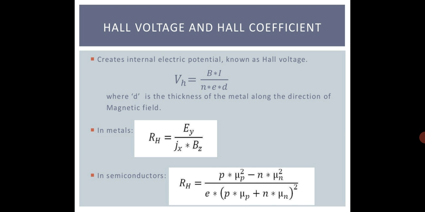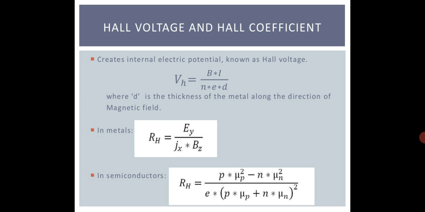So Hall voltage is equal to magnetic lines of flux into current upon number of carriers, electrons, and the thickness of that metal. As there is a Hall voltage and current, so obviously there is a resistance in metals, so RH is there. It creates internal electric potential known as Hall voltage.